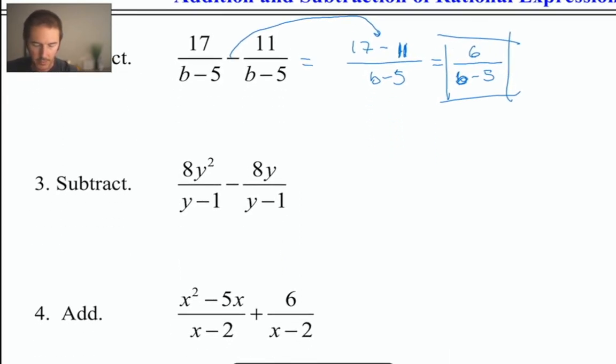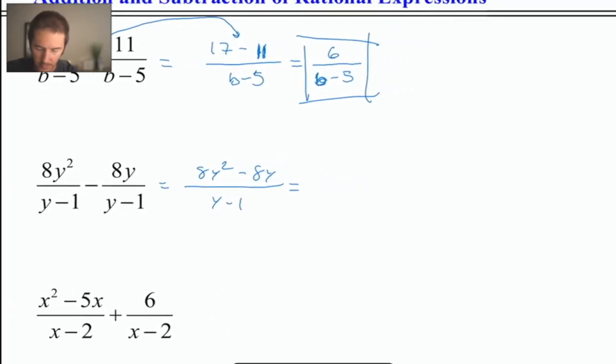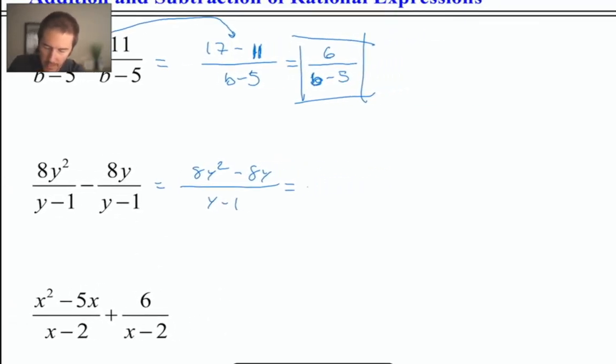The same thing happens in problem number 3. We can write this as 8y squared minus 8y, so I've subtracted the numerators, and I'll write that all over my common denominator of y minus 1. Now this problem's a little bit different because we can take this a step further. In the numerator, I can do some factoring, and so I will, just in case. And you'll see that it's going to prove beneficial. The common factor between those two terms in the numerator is an 8y.